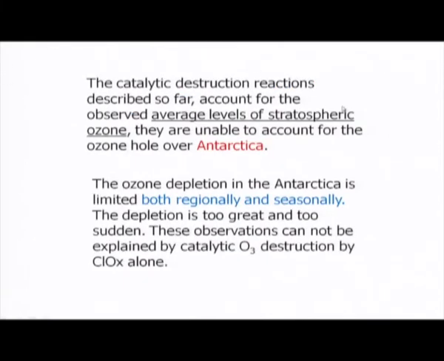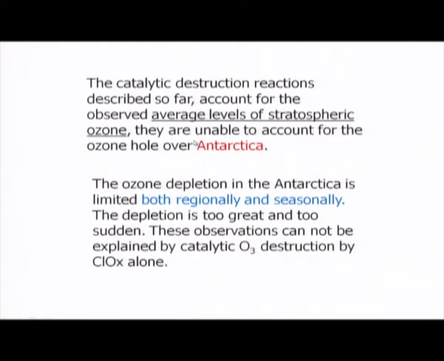The catalytic destruction reactions described, the chlorine route, nitrogen oxide route or hydroxyl route, account for the observed average level of stratospheric ozone, but they are not able to explain the Antarctic ozone hole. Whatever the average concentration, they are unable to account for this ozone hole over Antarctica. This phenomenon is actually called the Antarctic ozone hole.